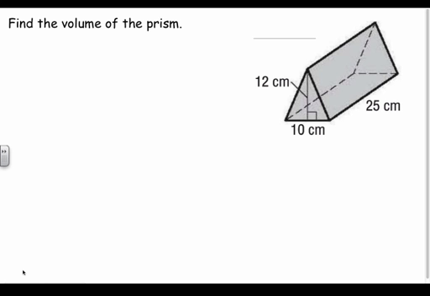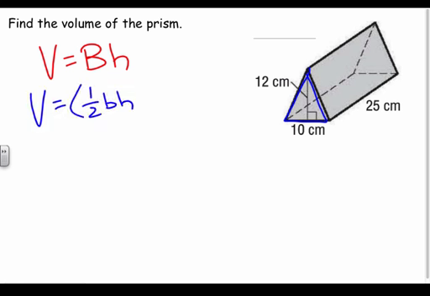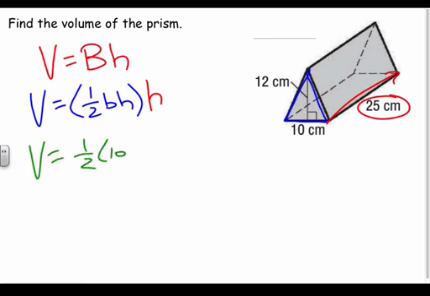Find the volume of the prism. So I'm just going to go ahead and write down volume equals area of the base times the height. And if I take a look, my base shape here is a triangle. So for big B, I'm going to use 1/2 base times height. I like to just put that in there and then times the height of the prism, which in this case it looks like is 25. And then we just plug in the information that we know. So area of the base is 1/2 times the base of the triangle, which is 10, times the height of the triangle, which is 12.